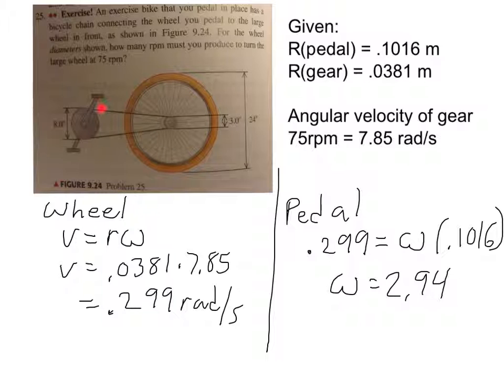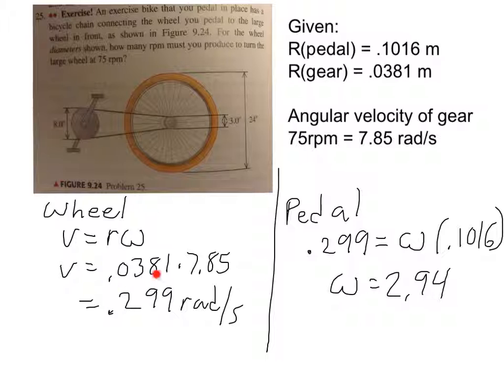We know that the linear velocity of the chain is going to be the same throughout. So the linear velocity of the chain is the tangential velocity of the small gear. So here I have the tangential velocity equals the radius of the small gear times the angular velocity of the small gear, and they're telling me that I want 75 RPM, which is the same thing as 7.85 radians per second.